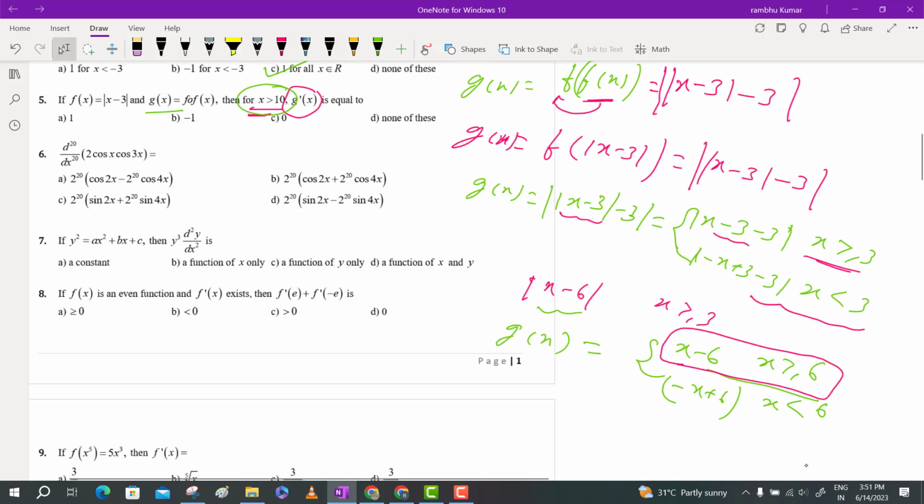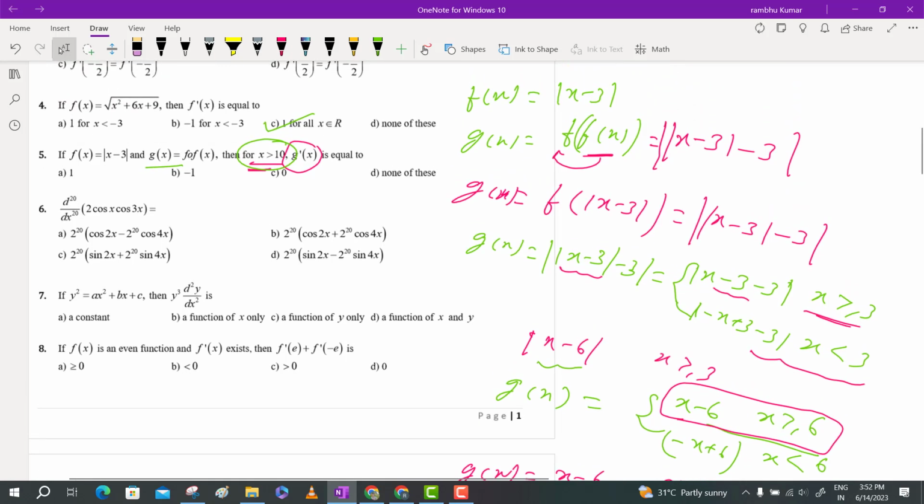So from here you can see g of x is equal to x minus 6 for x greater than 10, which means g dash x is equal to nothing but 1. Correct. So here we have the option. Question number 5: the derivative for x greater than 10 is nothing but 1.